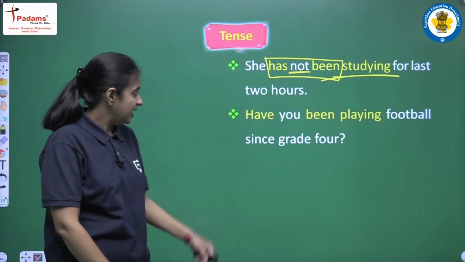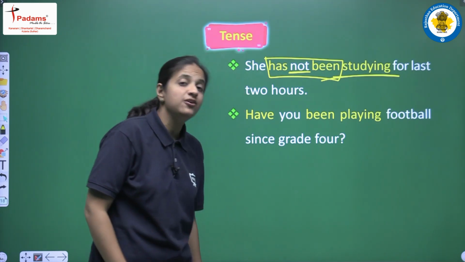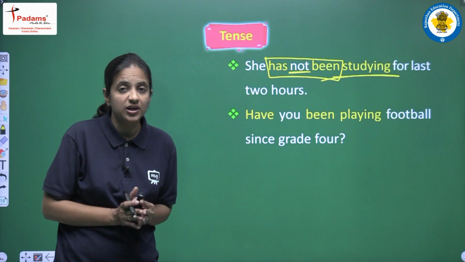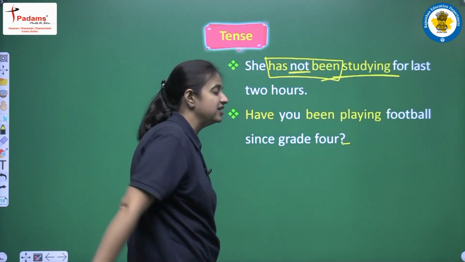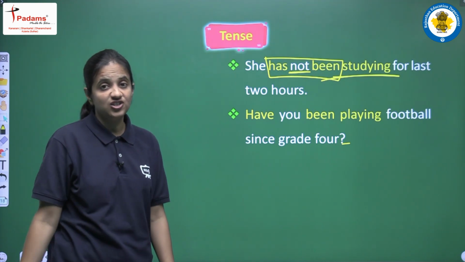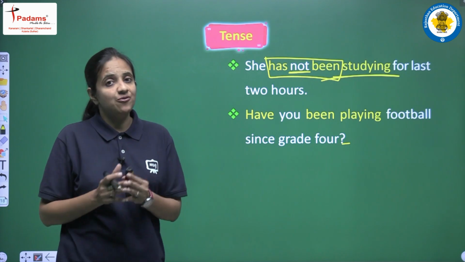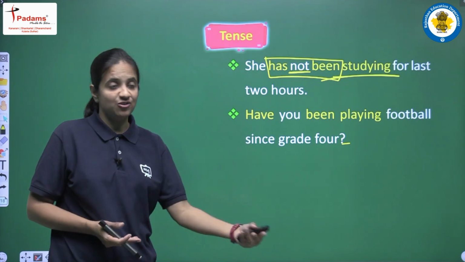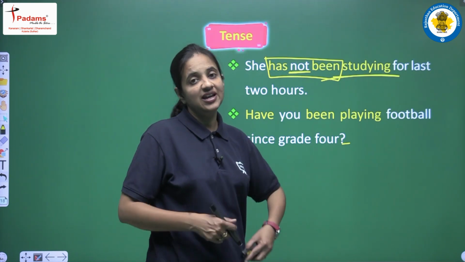Okay. Next is "Have you been playing football since grade 4?" So this is an interrogative one because we are having a question mark at the end of the sentence. So this is the interrogative structure. So again just look carefully at how we have to write the structure of the interrogative sentence. We are not having any WH word, any question word.